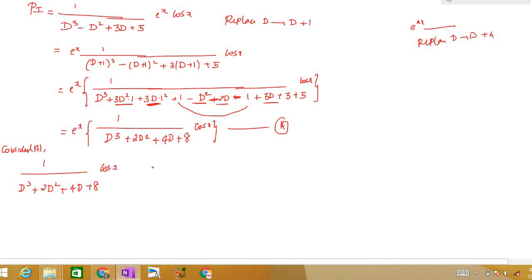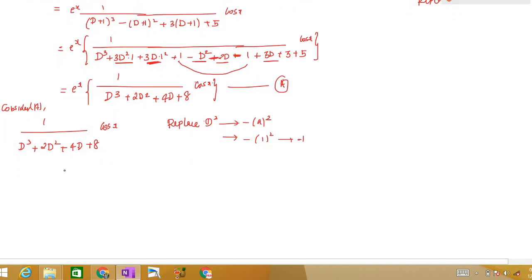Now for type 2, I have to replace d square is equal to minus a square, right? So this will be minus of 1 square, which is minus 1. So I can write this as d into d square plus 2d square plus 4d plus 8 of cos x, and I can replace d square with minus 1.